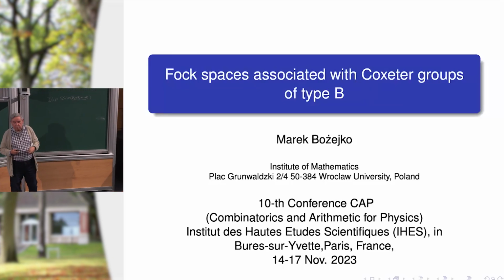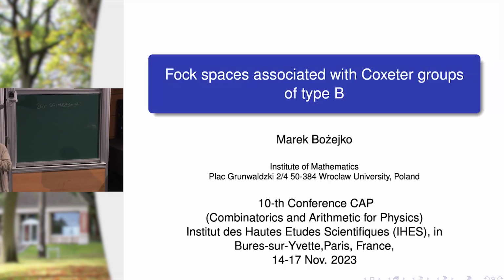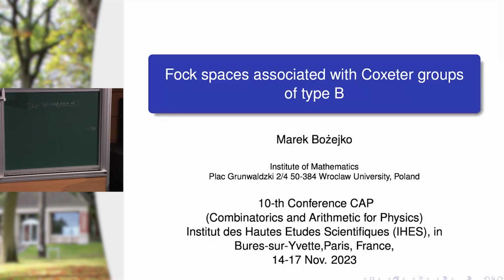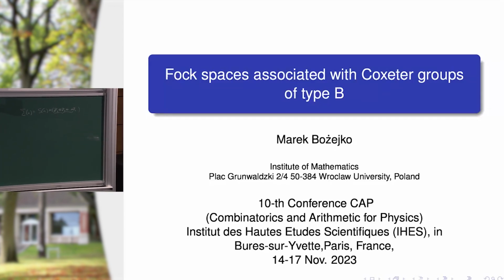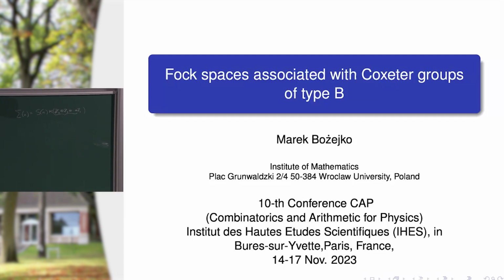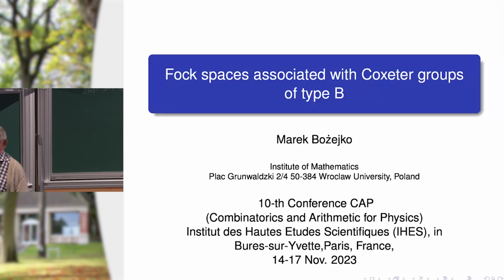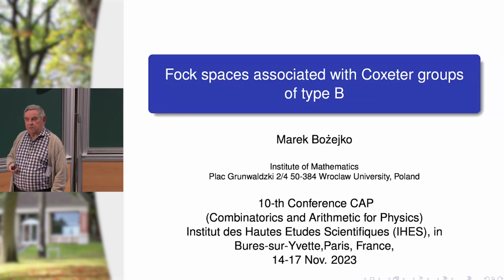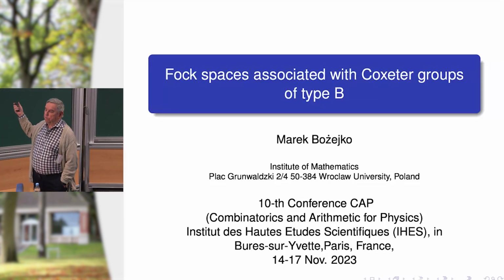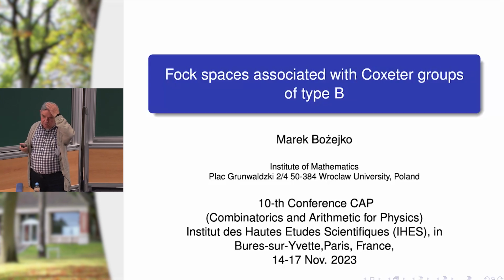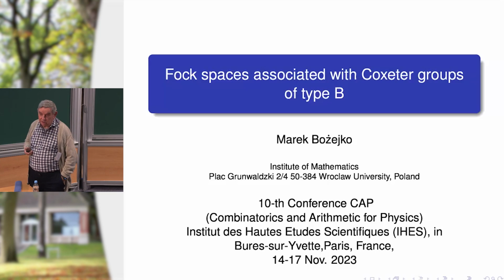That means permutations which, when you look at the matrices, have plus or minus one in each row and column. And type B is the next series of Weyl groups, or Coxeter groups more generally, starting with the permutation group, which is type A. This is type B.